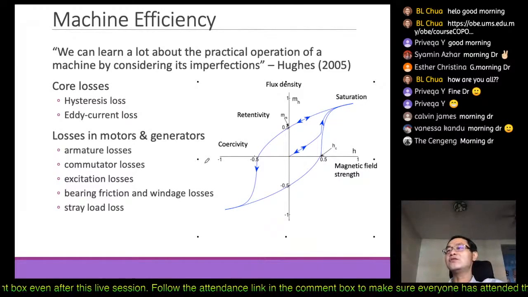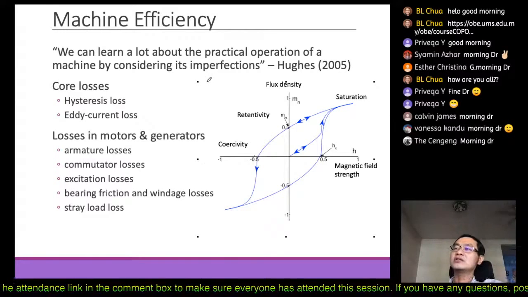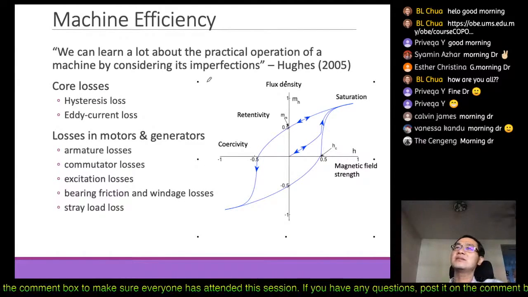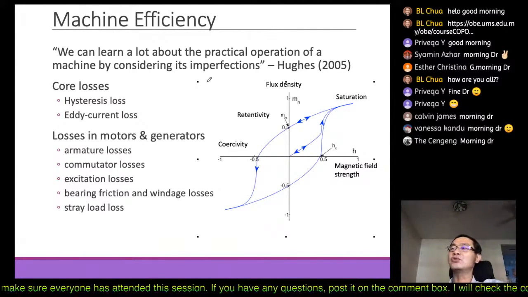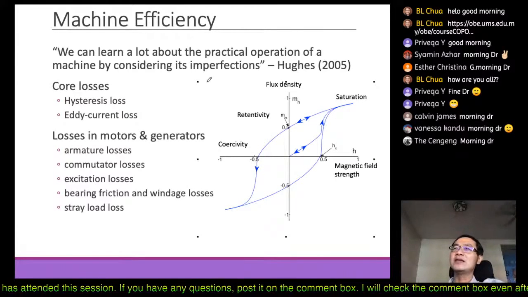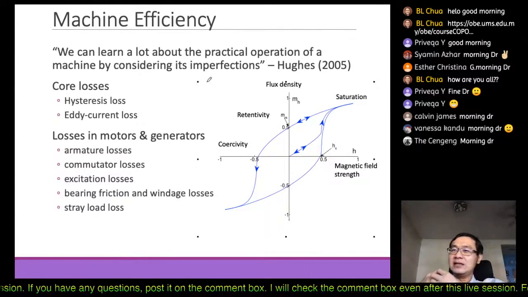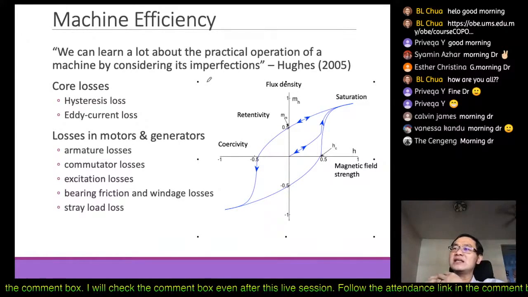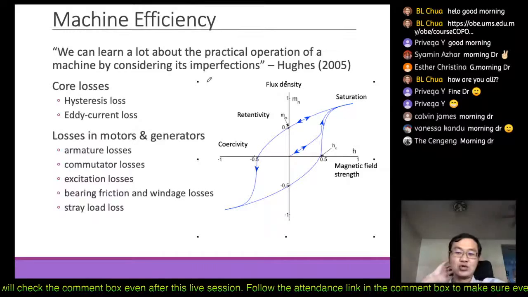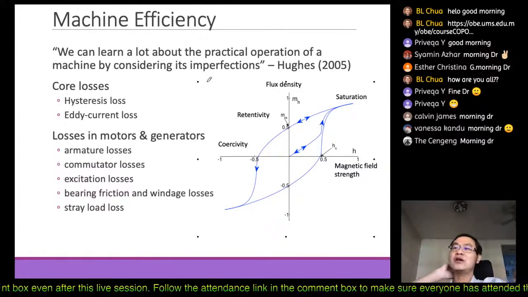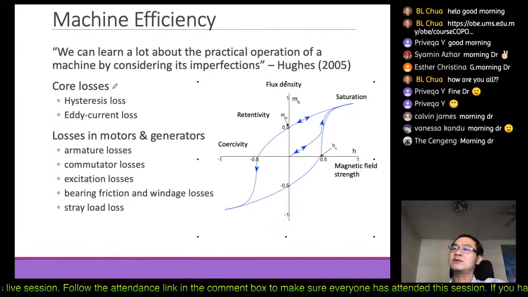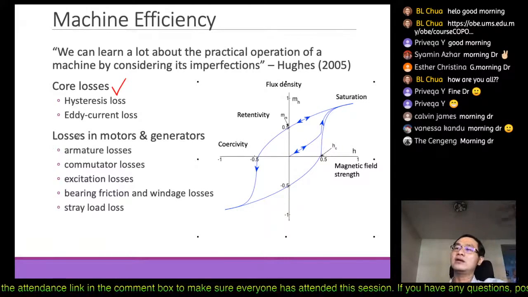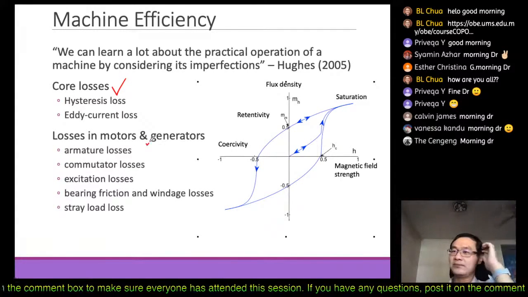The motor efficiency is now about how much losses, or how much power is actually being output when they receive 10 watt, whether the actual output is still 10 or not. Usually it gets reduced due to various losses, like the losses in the core and the losses in the motor.